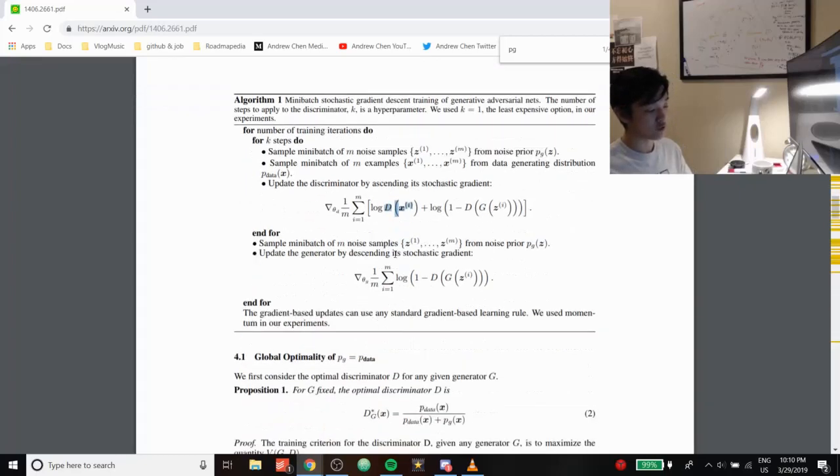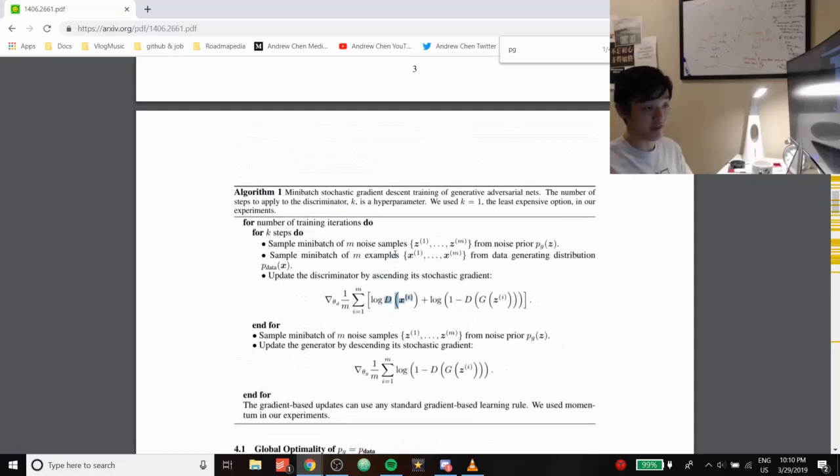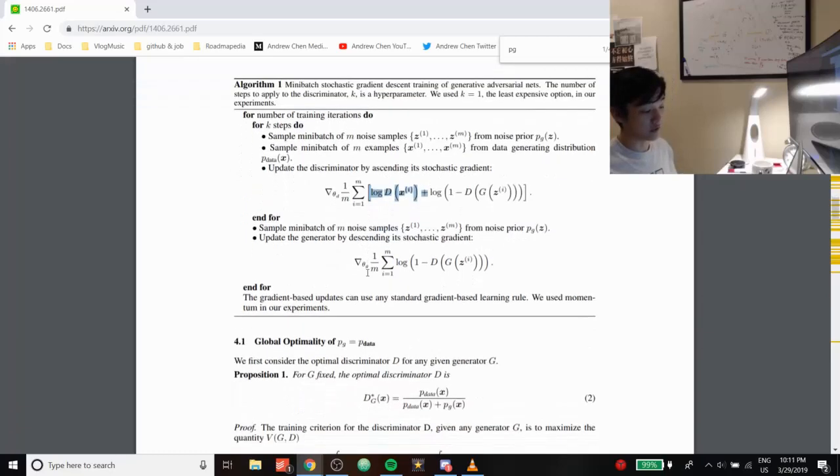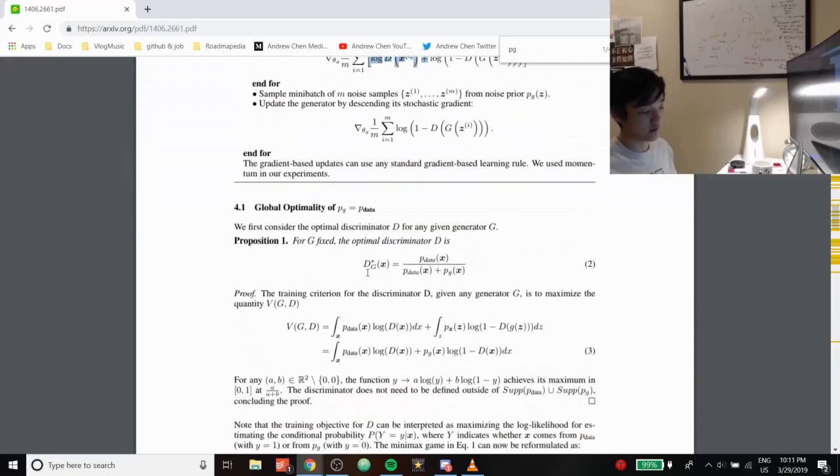And log of something big, if it's log of 1, is 0. If it's log of 0.0001, it's going to be super big. I convey that to the English meaning instead of just saying log of something.